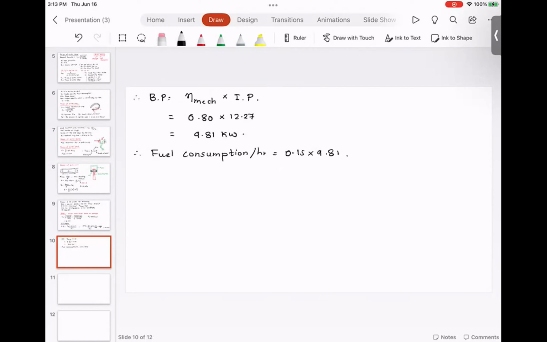We have to find out H, which is 0.05 times calorific value times fuel consumption.